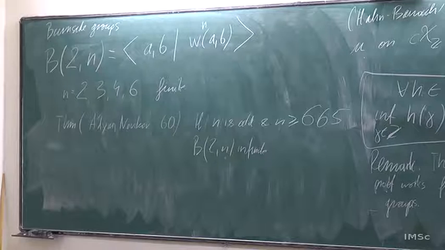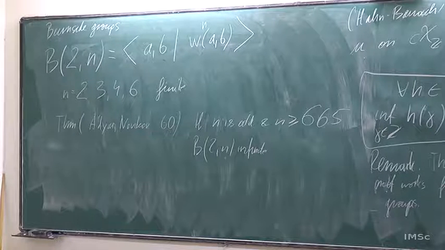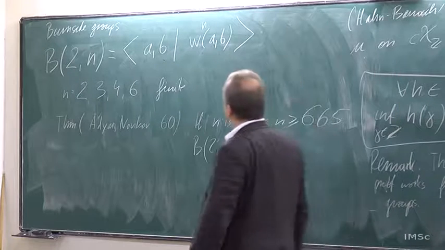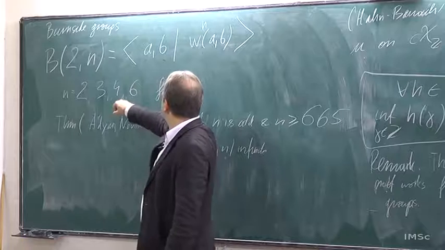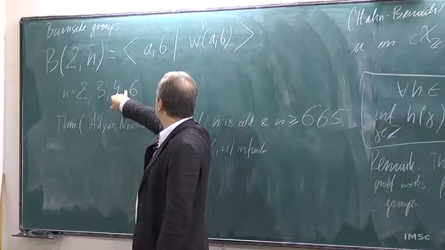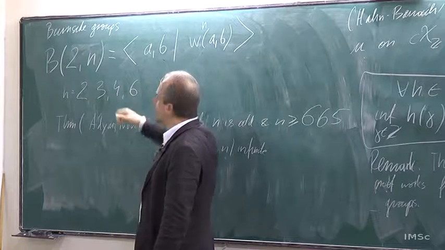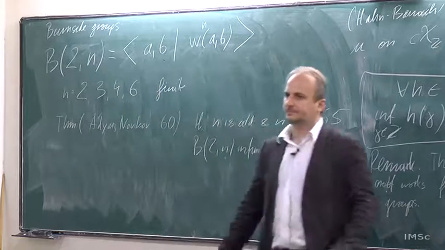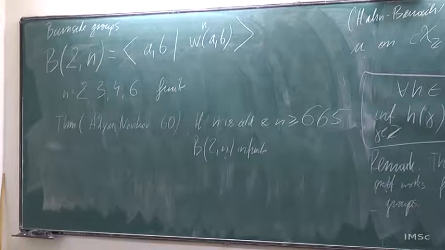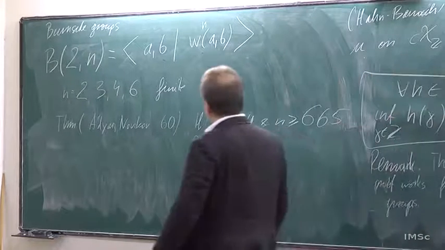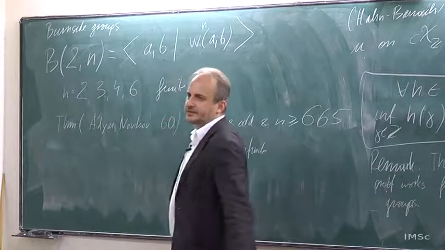Okay, so it's still not known what happens for small n. In particular, it's open for n equal to 5 and n equal to 7. Okay, and I would say that for n equal to 7, everybody thinks it's infinite. For n equal to 5, it's not clear.